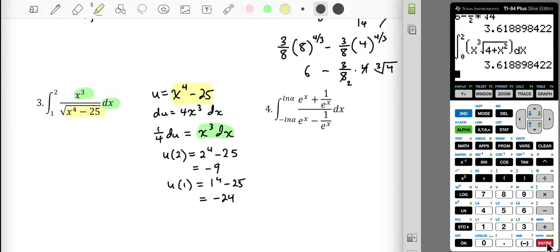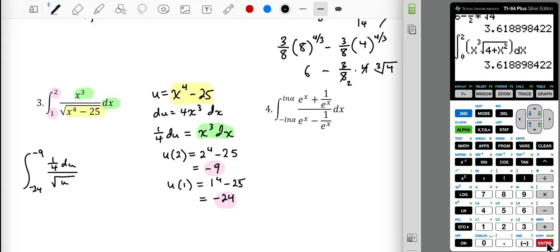I'm going to get my pink highlighter involved. So 1/4 du over the square root of u over the interval of negative 24 to negative 9.